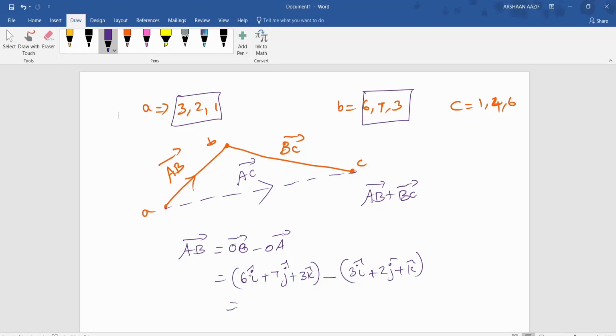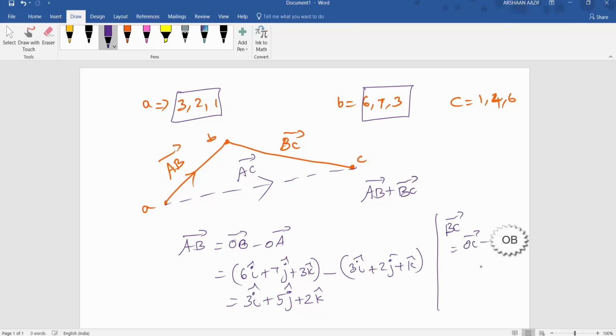This will give me 6 minus 3 is 3i, 7 minus 2 is 5j, 3 minus 1 is 2k. The same way, my BC vector will be OC vector minus OB vector as the position vectors. So 1 minus 6 is minus 5i, 4 minus 7 is minus 3j, 6 minus 3 is 3k. So these are the AB and BC vectors.